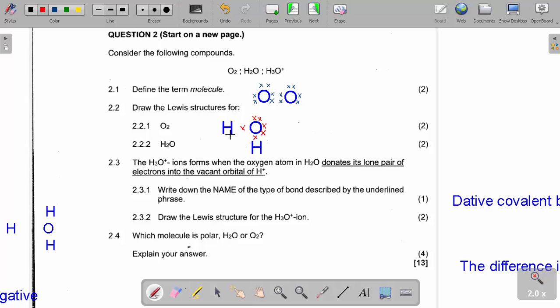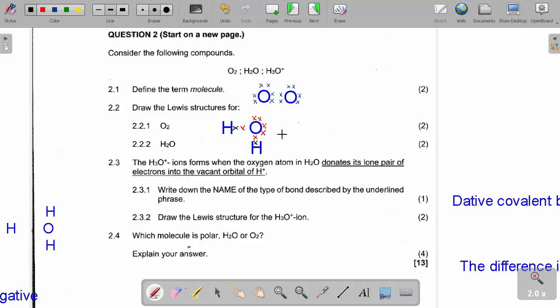Now this hydrogen, being in group 1, it only has 1, so it contributes 1. So for hydrogen, it's going to contribute only 1 electron. Let me just put it in black. Okay, so this is what you see here. This is 1 for this hydrogen, and this is for this hydrogen here.